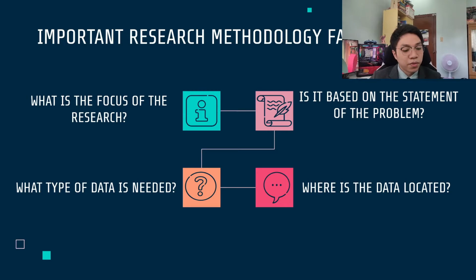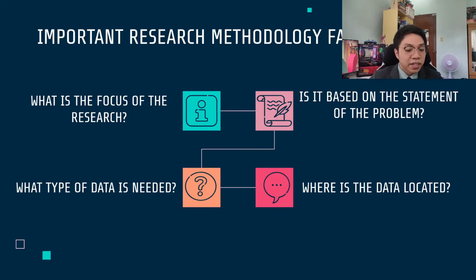The next would be what type of data is needed. Some methodologies are good at taking qualitative, some quantitative, and some are good at taking both. So this would present some compromises to the research, and by knowing the type of data, you can streamline the methodology of the research.